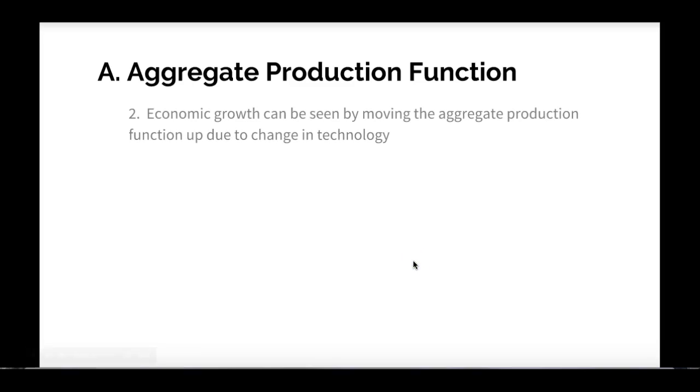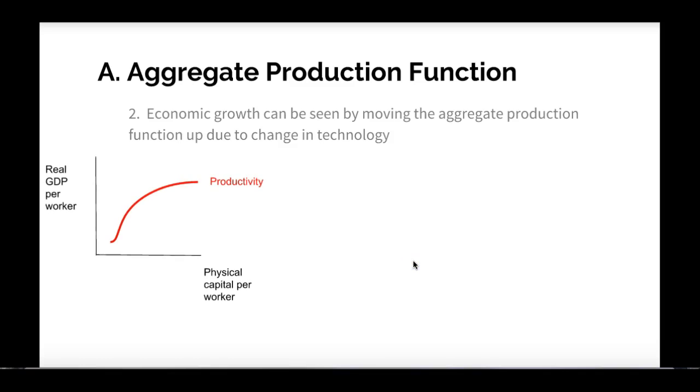So what happens? Well, we can see economic growth. So when we see economic growth, this is a result, and it's going to shift our aggregate production function up due to changes in technology. So instead of it being this red line, maybe we'll shift it up to the blue line. Okay? This is going to be a result of technology. Remember, technology is going to be something that we don't already have.